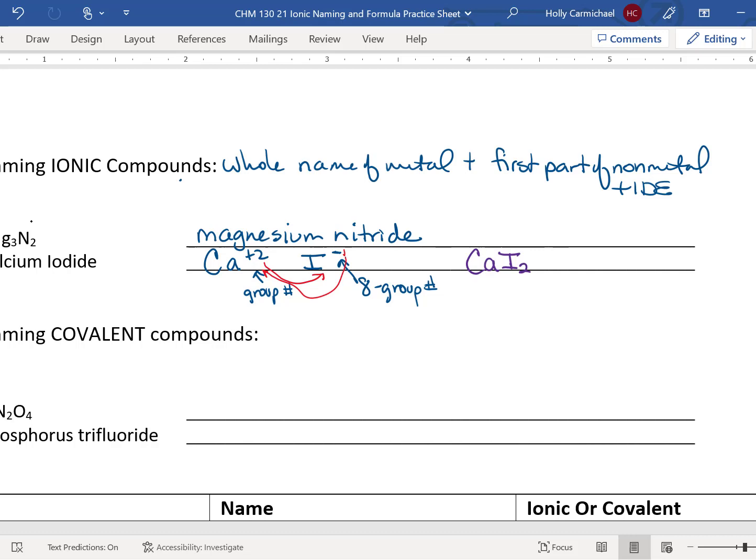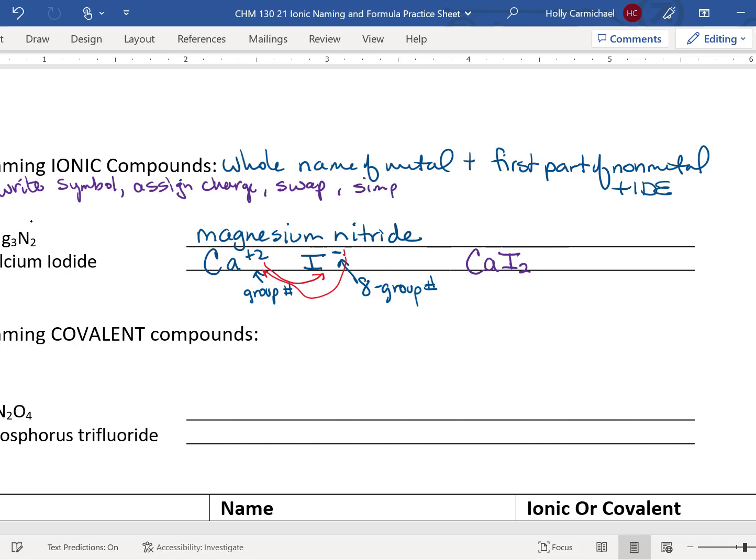Okay, so to do the opposite, you write the symbols, assign the charge to the metal and the non-metal, and do the swap. The charge on the metal tells you how many non-metals, the charge on the non-metal tells you how many metals, and then if you can, simplify. Do you remember what I mean by that?